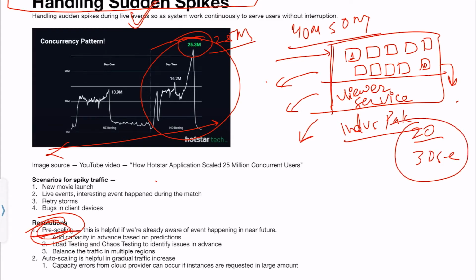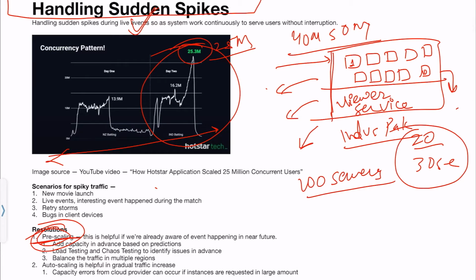Now you might say, let's scale it for 100 servers, and the scenario of the system going down in case of sudden traffic will never happen. But we also have to take cost into consideration. It's not like you have unlimited money to spend on your cloud provider bills.